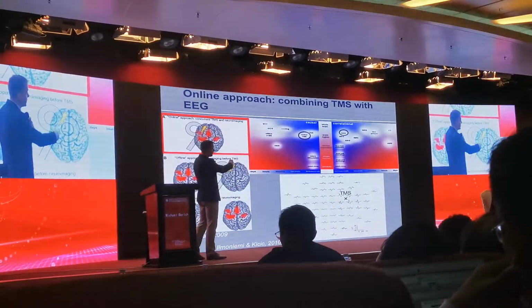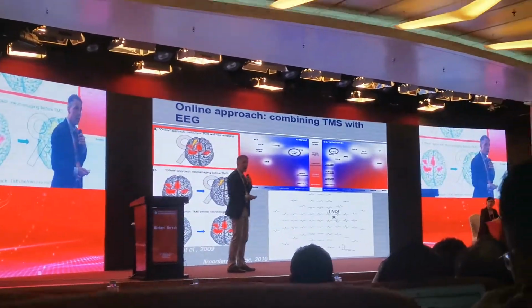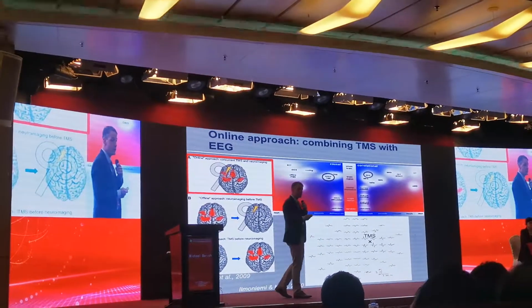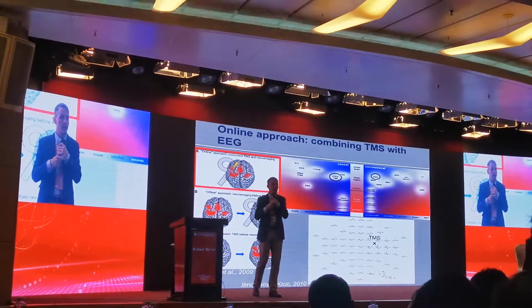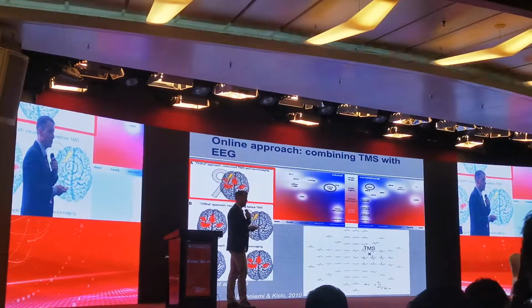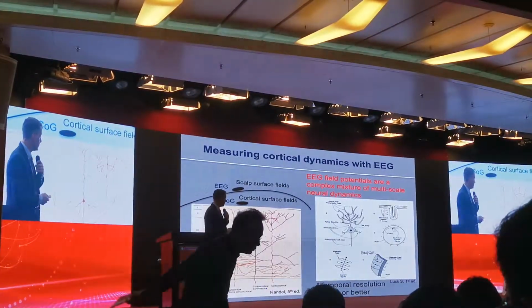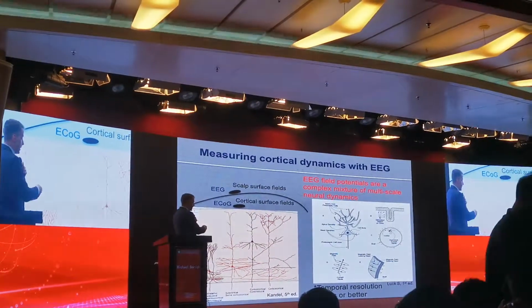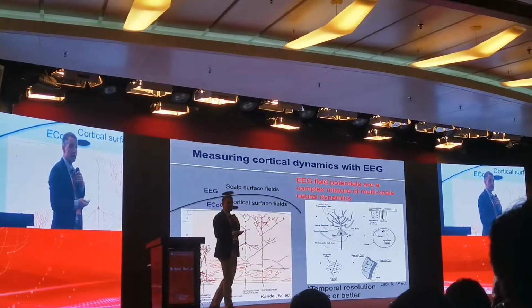But what we like here is that we're using a causal approach, this TMS, to perturb the system, and then using an imaging modality that has very high temporal resolution, so we can actually measure responses in real time that are biologically relevant. Okay? Again, the key here, we won't spend much time on this, is that EEG also provides us a direct index of neural activity.